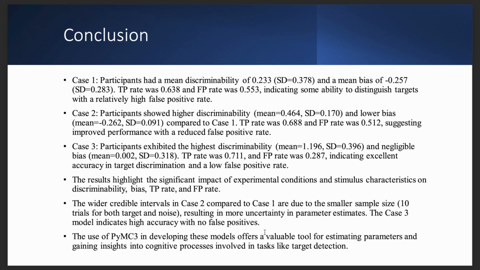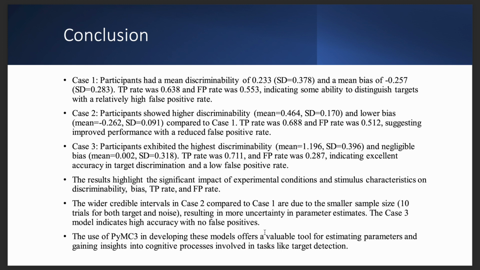In conclusion, our study examined the participants' performance in a target detection task across different experimental conditions. The results revealed that discriminability, bias, true positive rate, and false positive rate were influenced by both experimental conditions and stimulus characteristics. In case 1, participants had a moderate discriminability and a relatively high false positive rate, indicating some ability to distinguish targets with a high false positive rate.